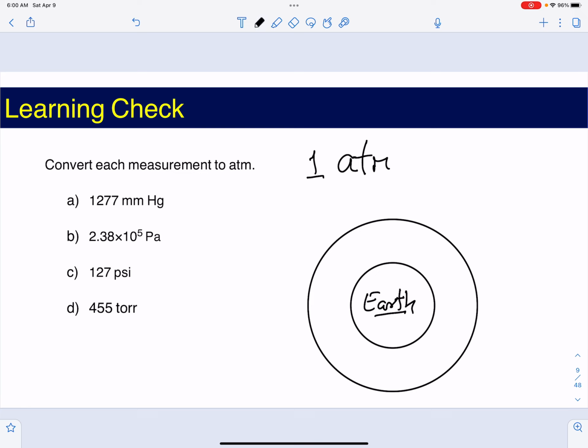So one thing that you can say is, you are standing on planet Earth, all that air is going to be on top of your head, being pulled down by the force of gravity. So imagine having 20 books on top of your head.